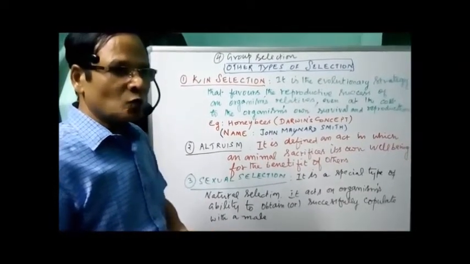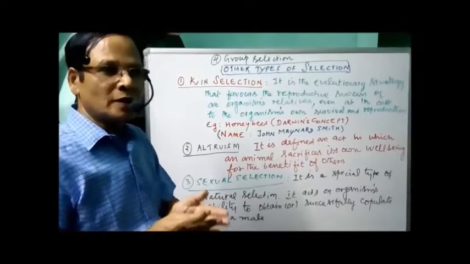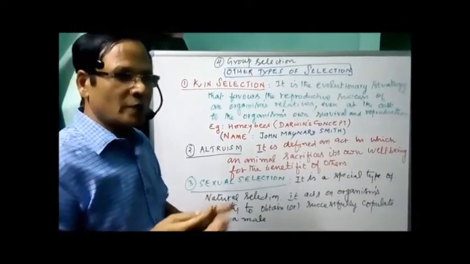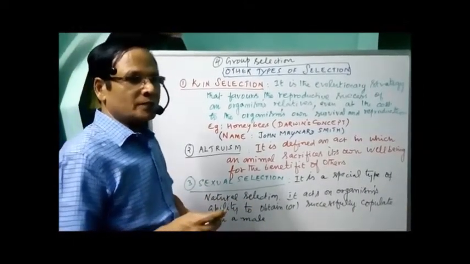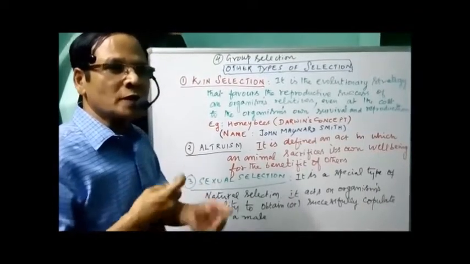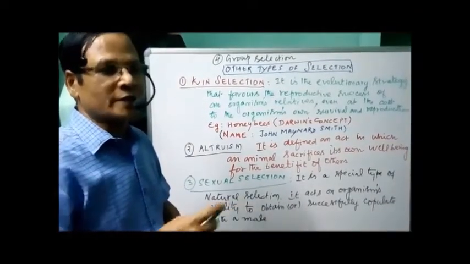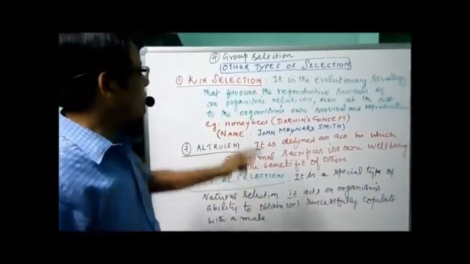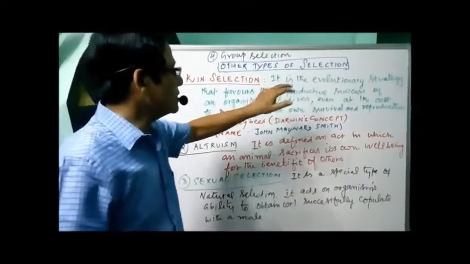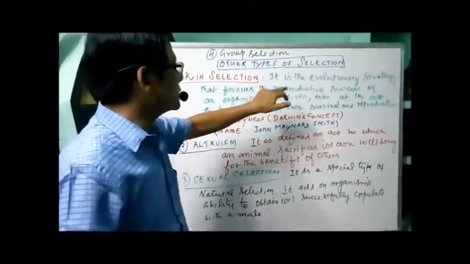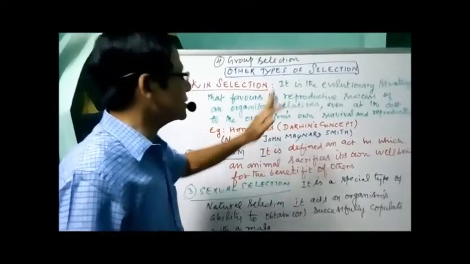That means an organism normally helps its close relative in its reproductive success. That's the meaning of it.